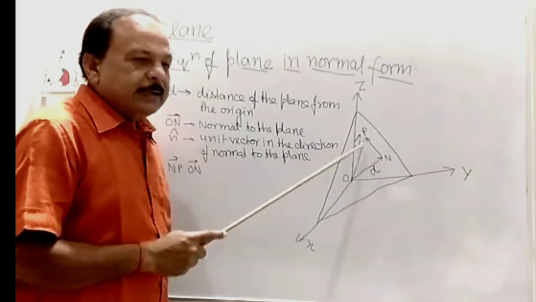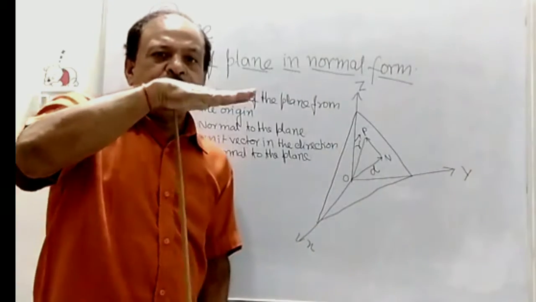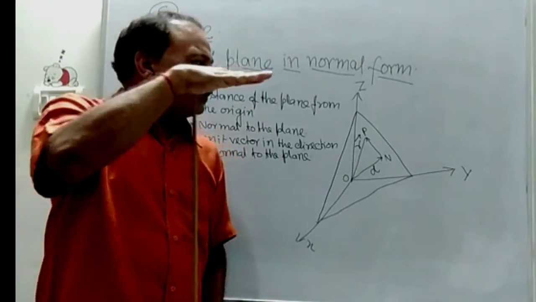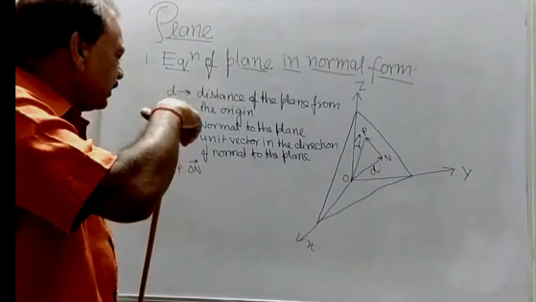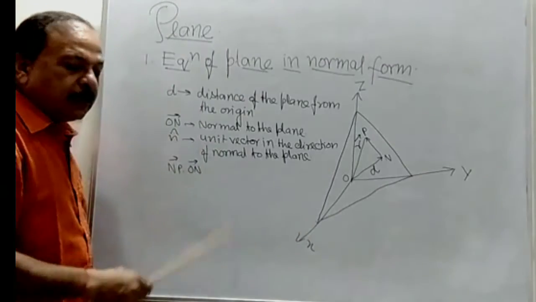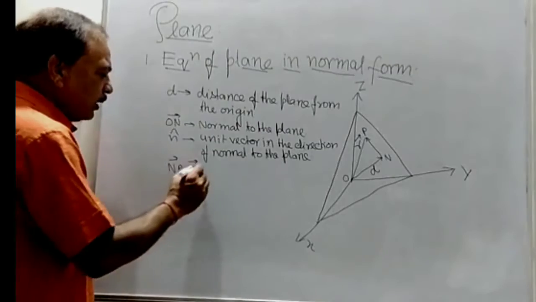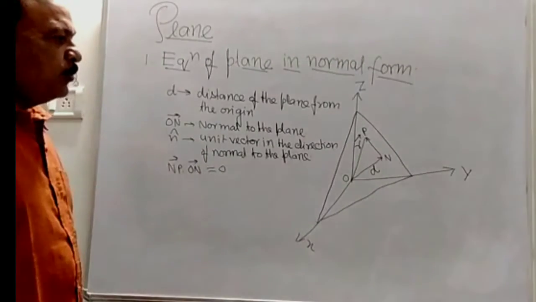So ON is perpendicular to NP, so their dot product NP dot ON will be equal to 0.